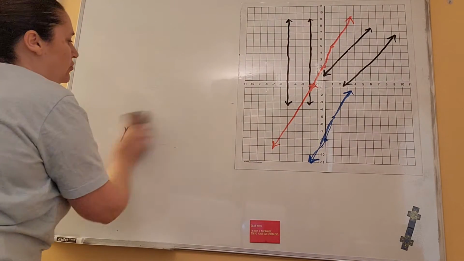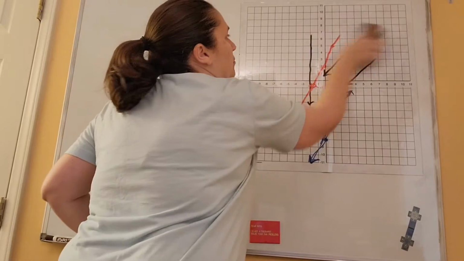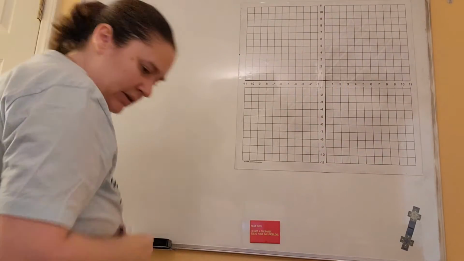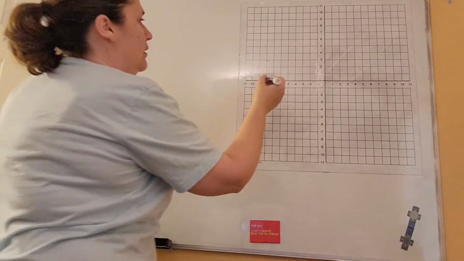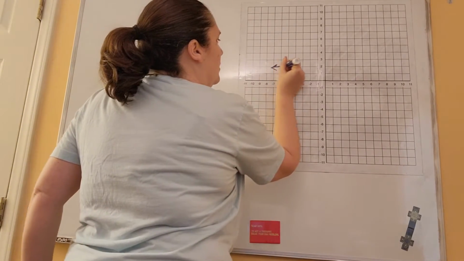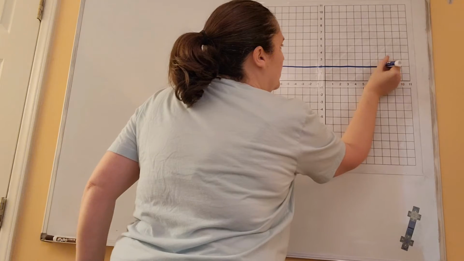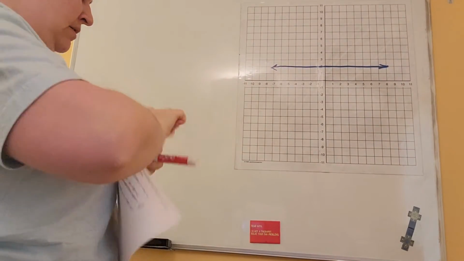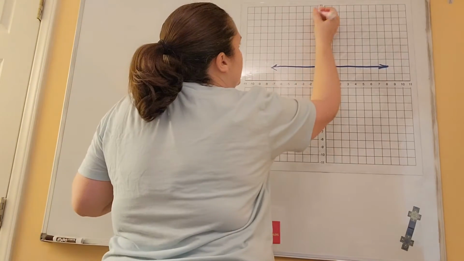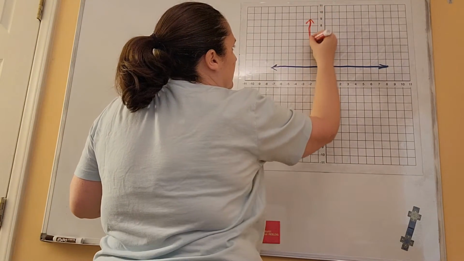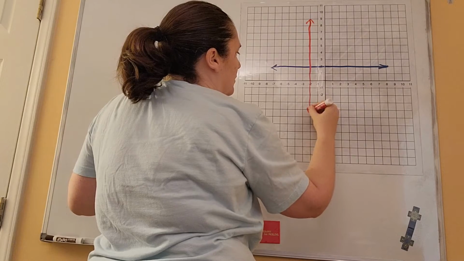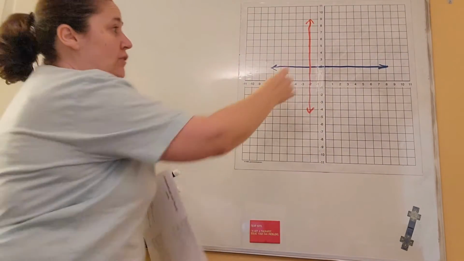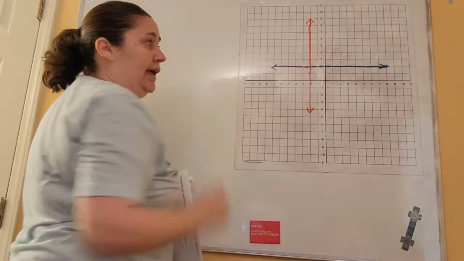Let me show you some perpendicular lines on this coordinate grid. Here's one line, and here is another line. These two lines are perpendicular. They cross at a 90-degree angle.